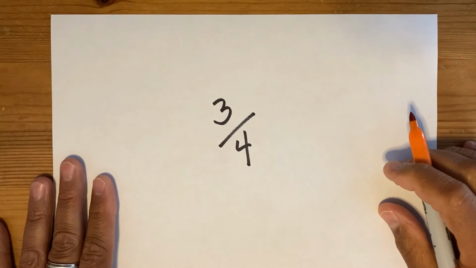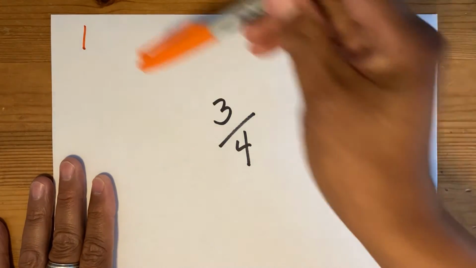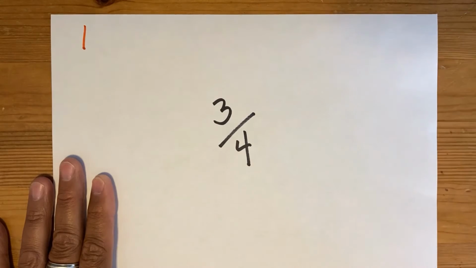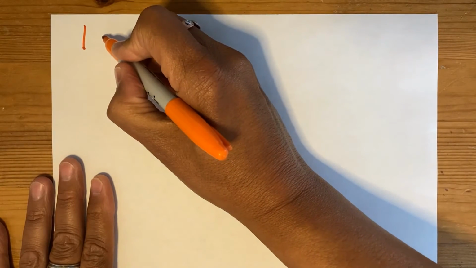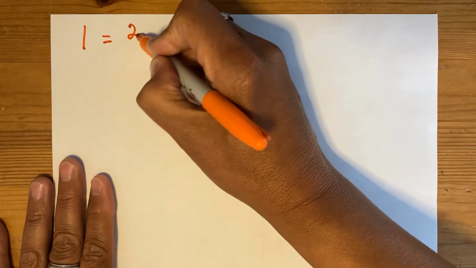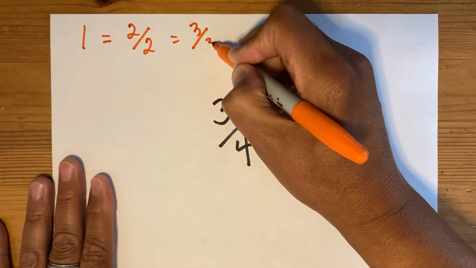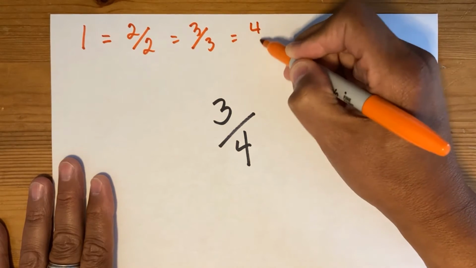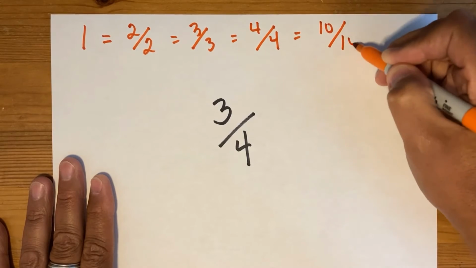When you multiply any number times 1, you get the same number. 1 times 3/4 equals 3/4. But there are lots of different ways I could say 1. I could say 2/2, or 3/3, or 4/4, or 10/10.